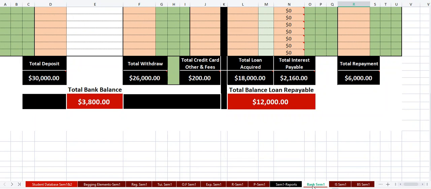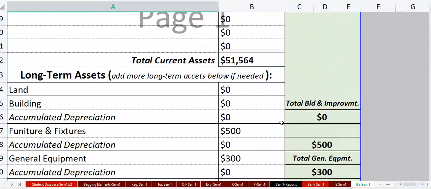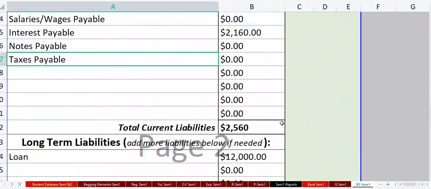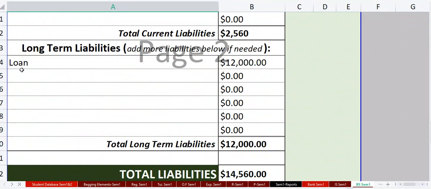So now if you come here on the balance sheet, you see the loan 12,000 is what we reflect on the balance sheet. Why? Because the 18,000 you reduce by 6,000, so it will reduce on the balance sheet.